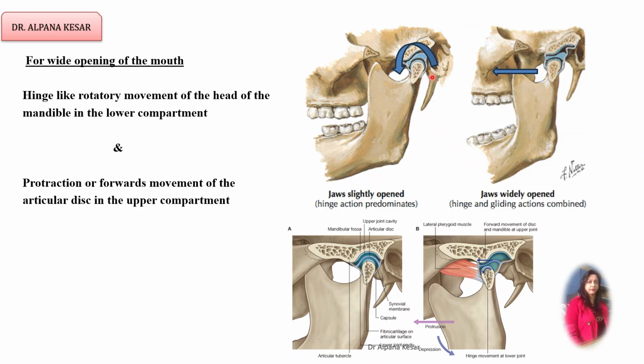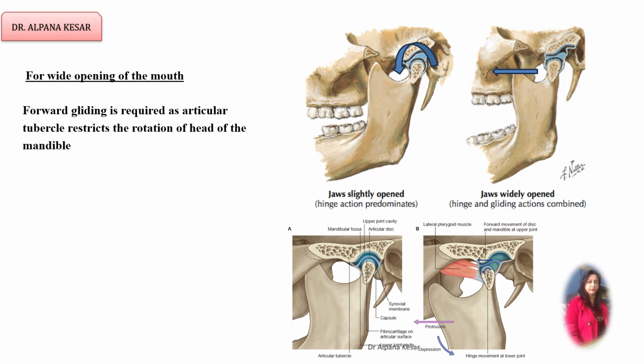In the wide opening of the mouth, along with the rotation of the head of the mandible in the lower compartment, protraction or gliding forwards of the mandible in the upper compartment also takes place. This is so because the articular tubercle restricts the rotation of the head of the mandible. Once the head of the mandible glides forward, it comes to underlie the articular tubercle and thus is free to rotate further.